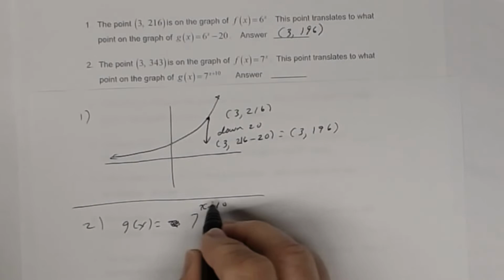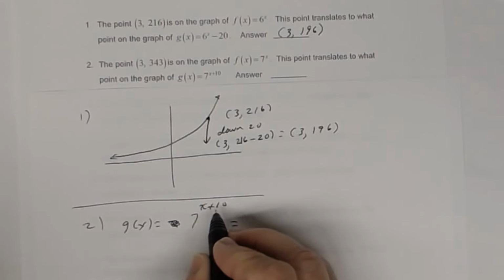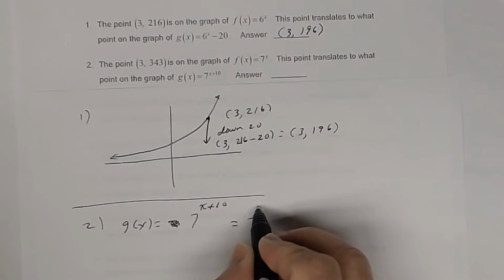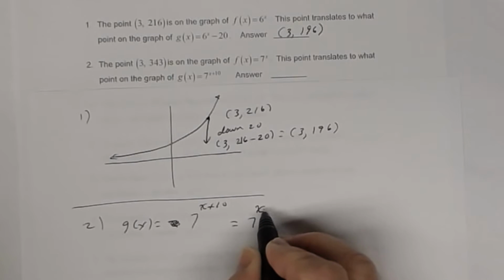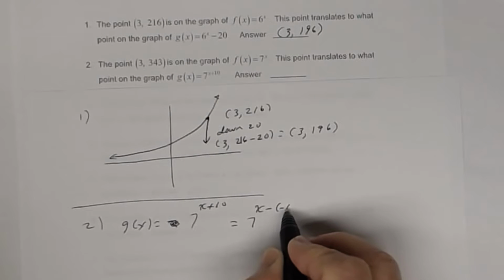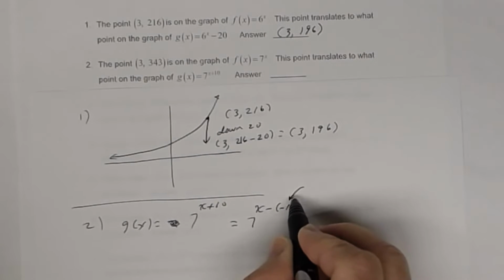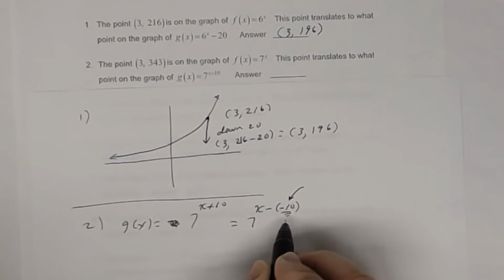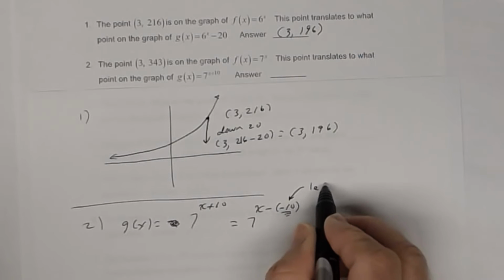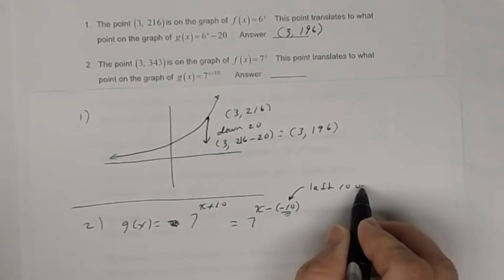When we do a horizontal translation, you have to think counterintuitively. When you do a horizontal translation, it's always a good idea to rewrite it as x subtract. So x plus 10 really becomes x subtract a negative 10. This negative 10 means that I'm going to shift horizontally to the left, because in parentheses it's negative, so to the left 10 units.